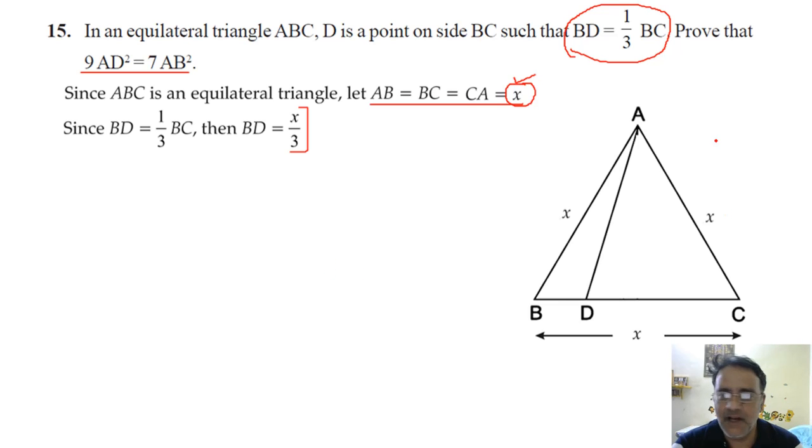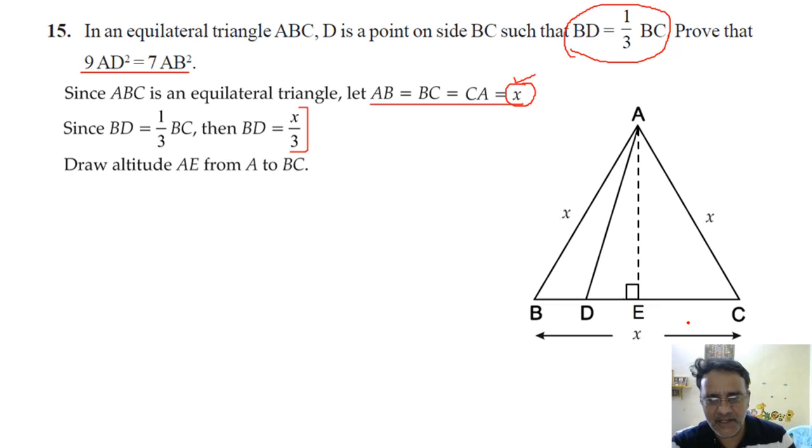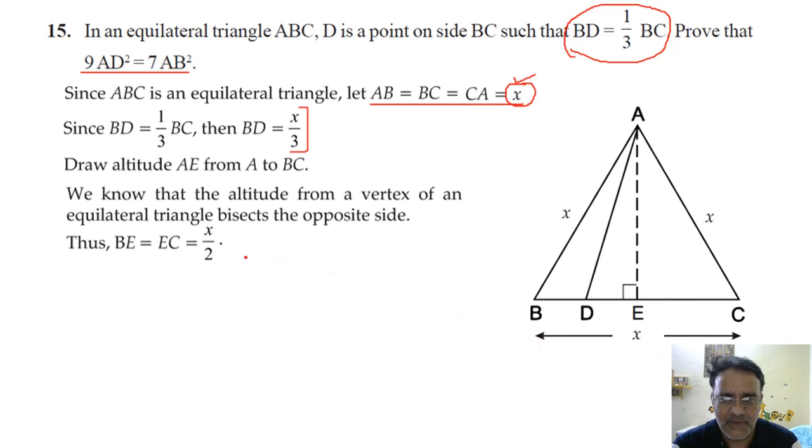Next, now we are going to draw one perpendicular line. ठीक है, AE, right? AE perpendicular to BC, and we know that in an equilateral triangle the perpendicular bisects the base. So BE is equal to CE is equal to half of BC. Half of BC means x by 2. This step is clear?